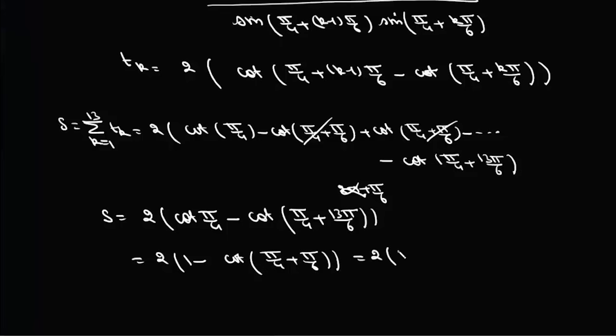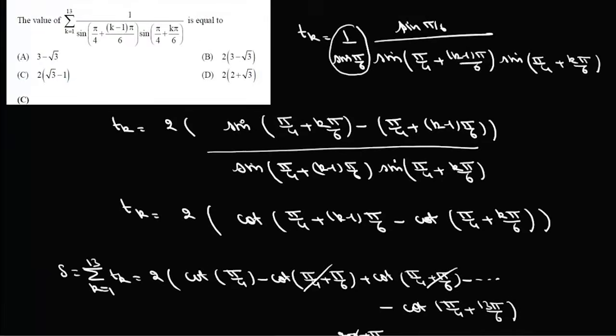Now this value is 2, and this is (cot A cot B minus 1) upon (cot A plus cot B). So it will be cot pi by 4 is 1, and cot pi by 6 is root 3, so (root 3 minus 1) upon (1 plus root 3). So we get this as 4 upon (root 3 plus 1), and if we rationalize it, we can write 2 into (root 3 minus 1). So the answer to this question is 2 into (root 3 minus 1), and that's your option C.